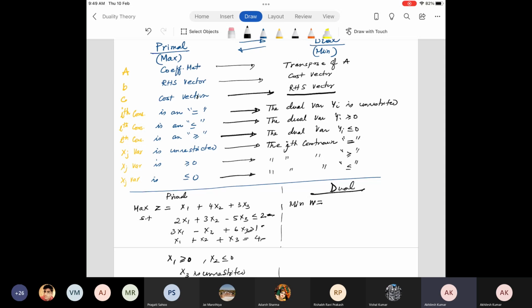For your reference, you can always write y1, y2, and y3. The number of variables always equals the number of constraints. So minimize W: 2y1 plus y2 plus 4y3. Is this clear?